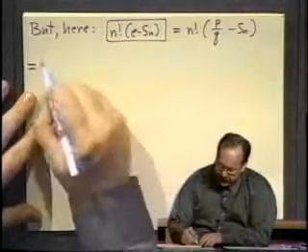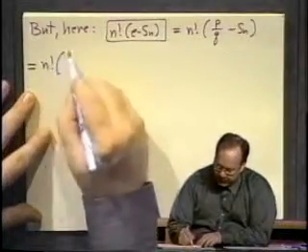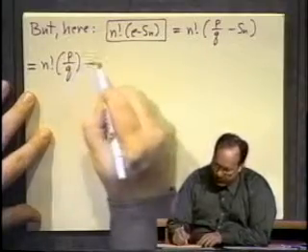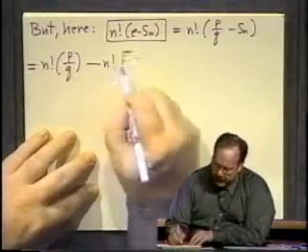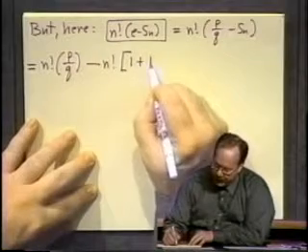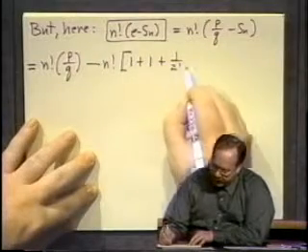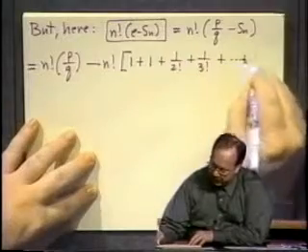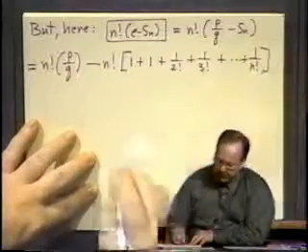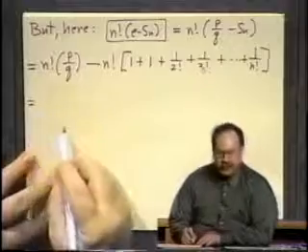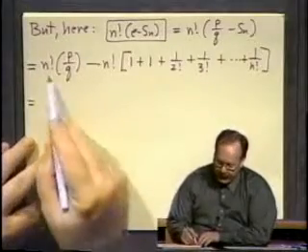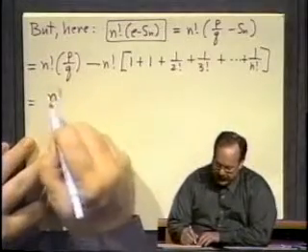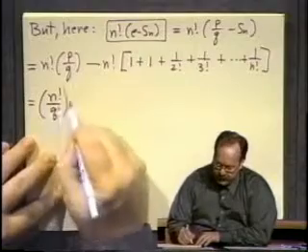Running the n factorial through, I have n factorial times p over q minus n factorial times the nth sum, which is 1 plus 1 plus 1 over 2 factorial, 1 over 3 factorial, plus all the way up to 1 over n factorial. And now let me do a little rearranging. Let me rewrite this first part as n factorial over q times p.